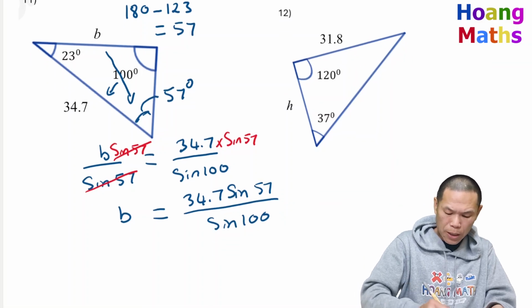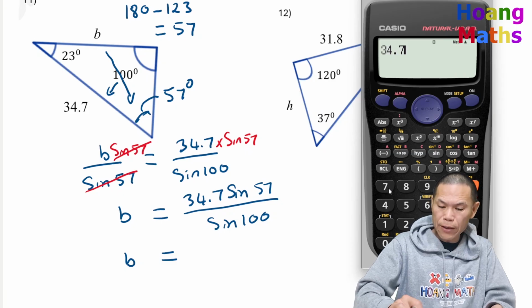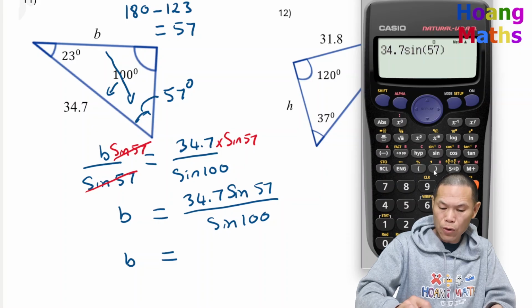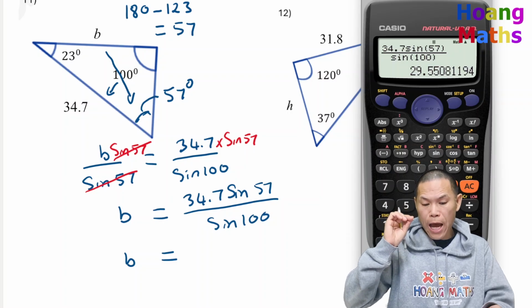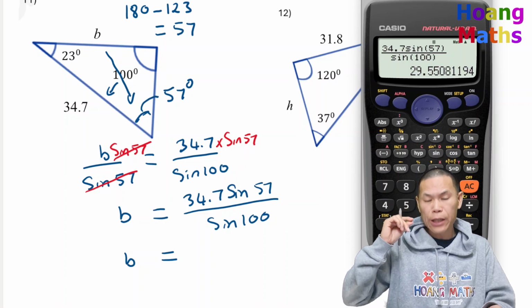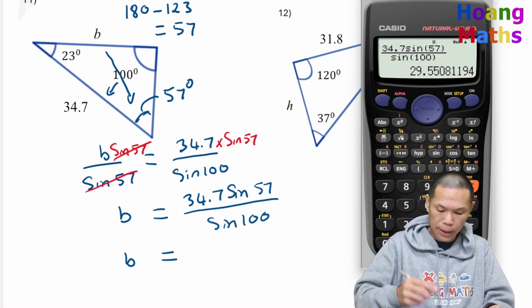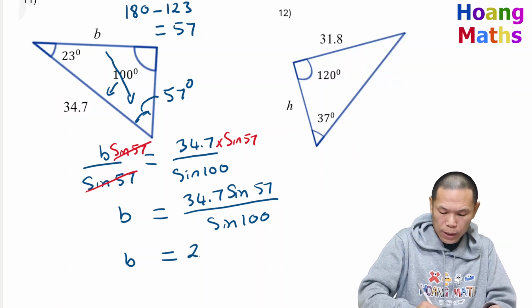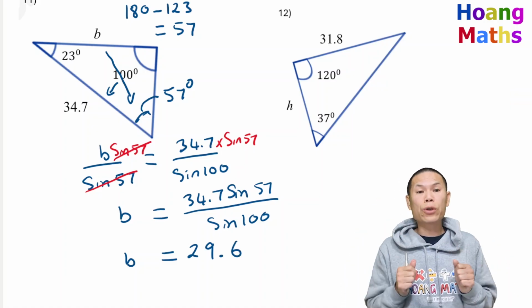So that will give me B equal to, so just go 34.7 sine 57 over sine of 100. There you go, 29.55 and so on. So correct to one decimal place, so 29.6. There you go.